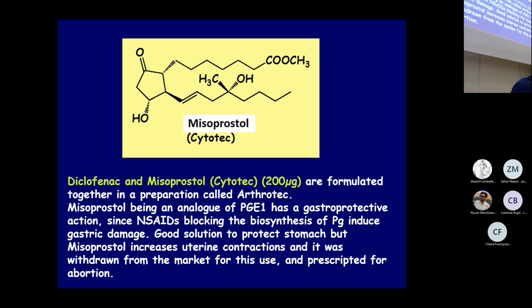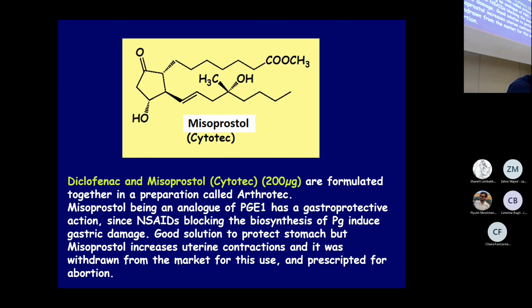there was a problem. PGE1 is a prostaglandin able to increase the contraction of uterus. It is used to induce the parting. And so some people in that time used this compound for illegal abortion.